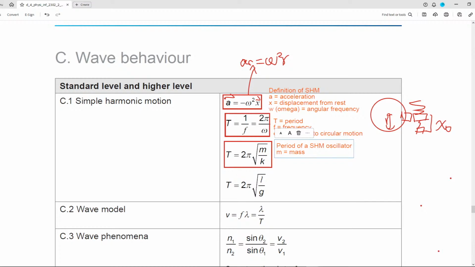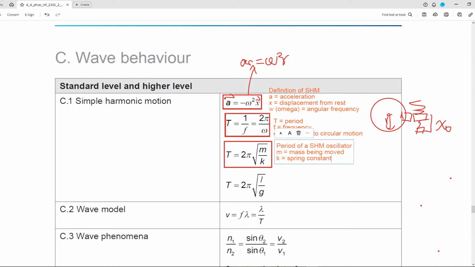We're going to assume the spring, or whatever is doing the oscillation itself, doesn't have any mass. So the spring has no mass. The pendulum string has no mass. It's only the mass that's being oscillated, being moved. And K is the spring constant, or oscillation constant, or stiffness, whatever you want to call it.